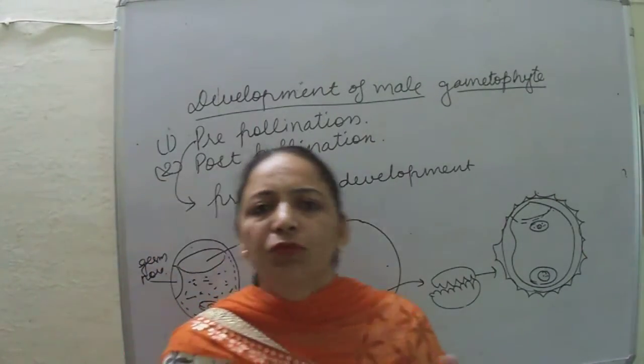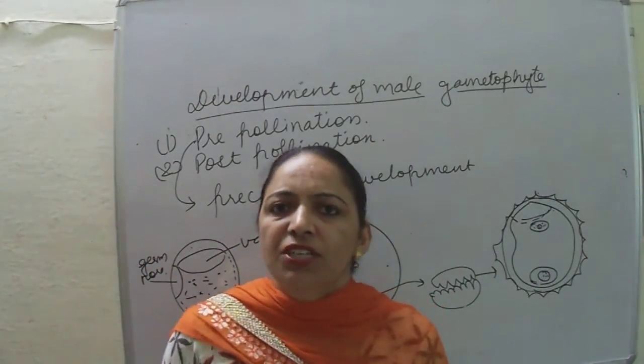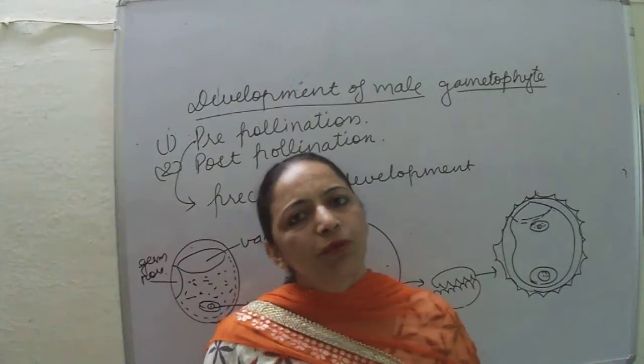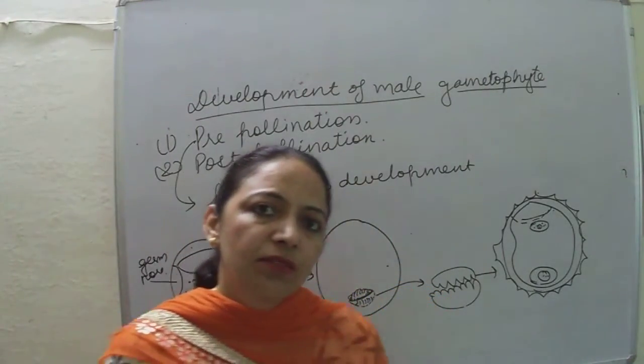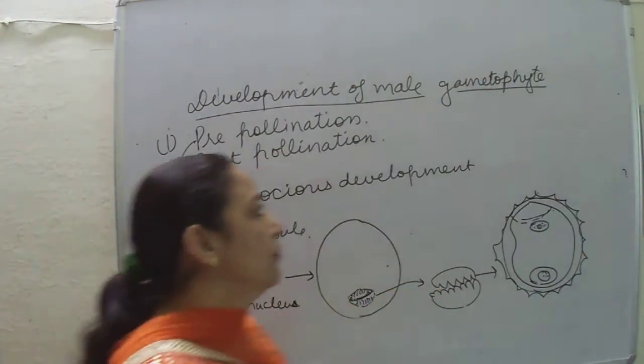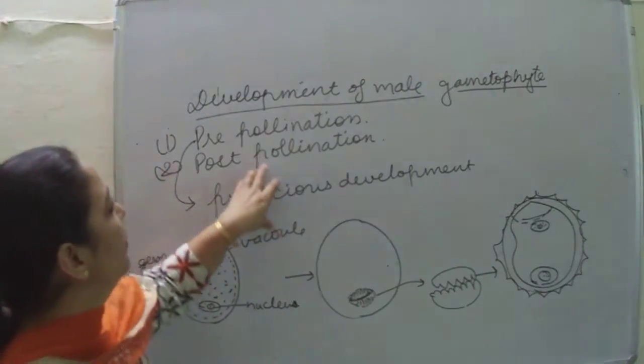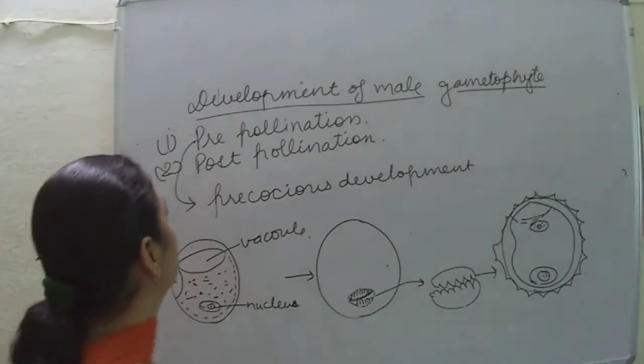When the anther ruptures and the pollen grains move up to the stigma of the same flower and start forming the pollen tube, in that pollen tube the development of the male gametophyte occurs.